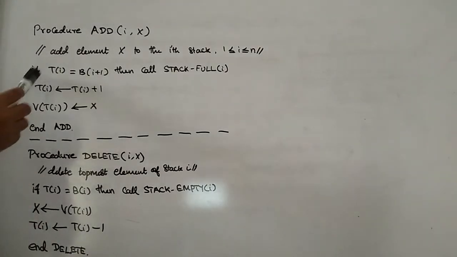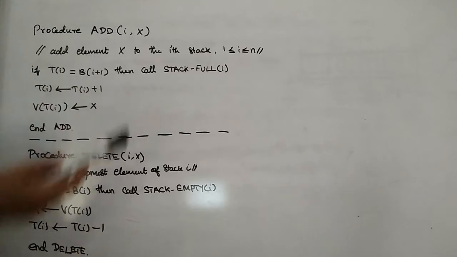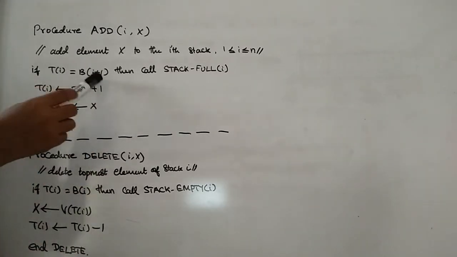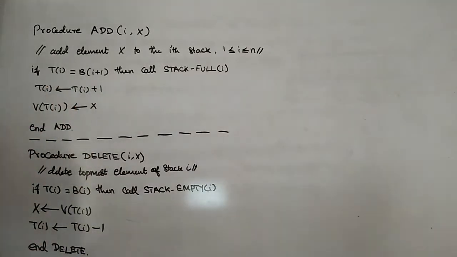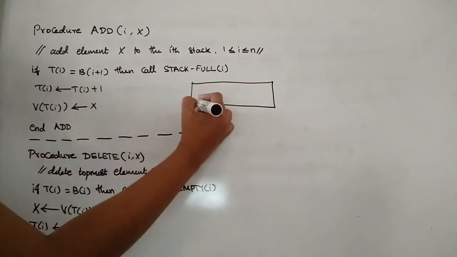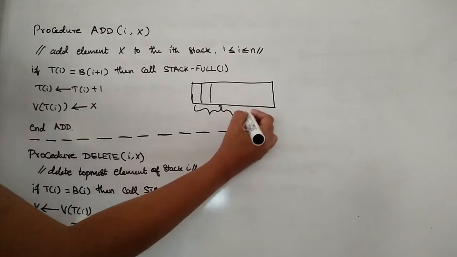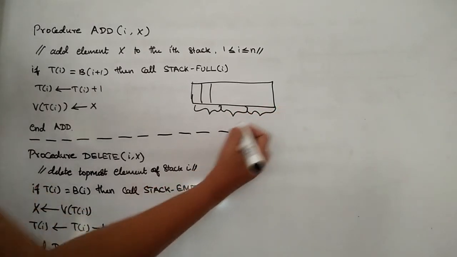Since we are going to push elements onto the stack, at first we should check the condition whether T of I is equal to B of I plus 1. Why are we checking this condition? Since we are making use of the concept of multiple stacks, we might have defined some partitions for each stack.